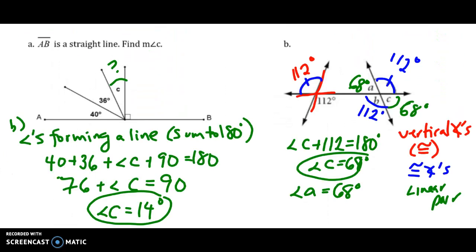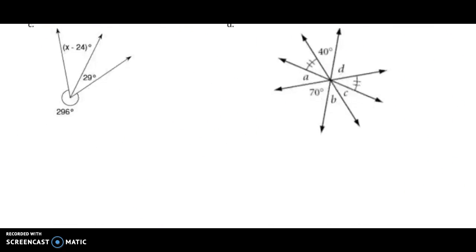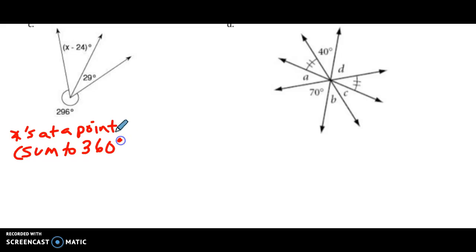For example C, we have angles at a point, which sum to 360. And we are looking for this angle right here. That's the one with the variable in it.